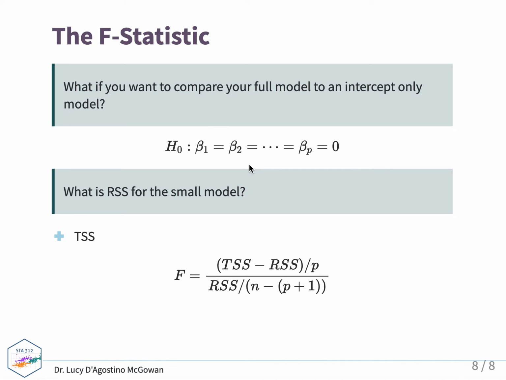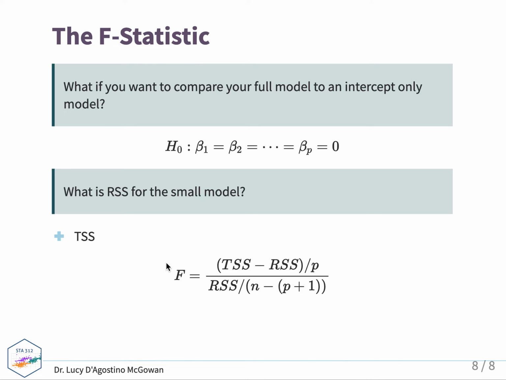And so we end up with the total sum of squares minus the residual sum of squares, divided by p, that whole quantity divided by the residual sum of squares divided by n minus p plus 1. And so what I want you to do is calculate this F statistic for the model that we fit in the lab.